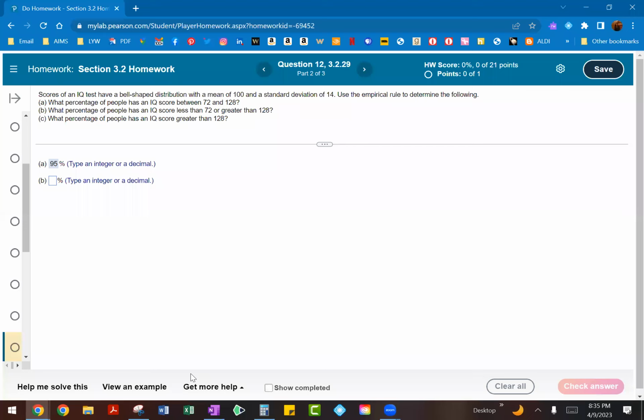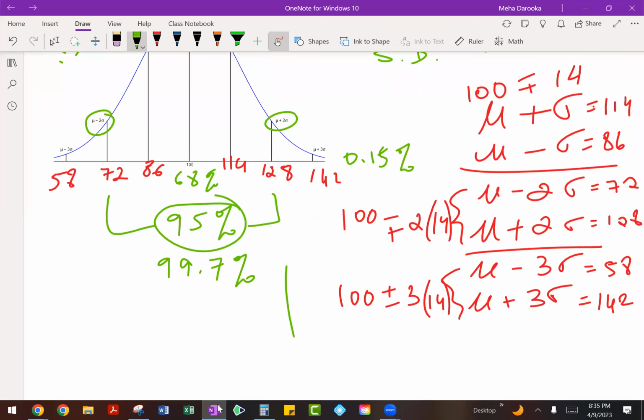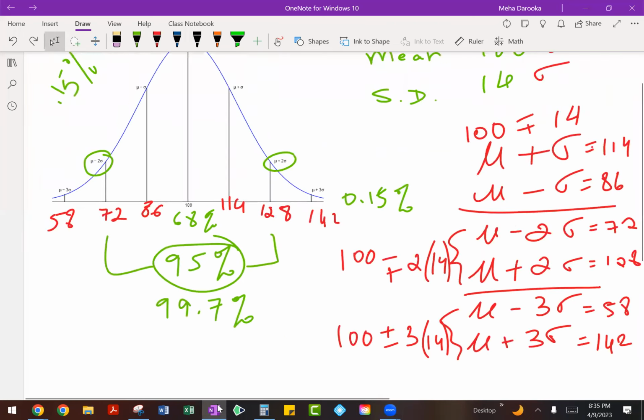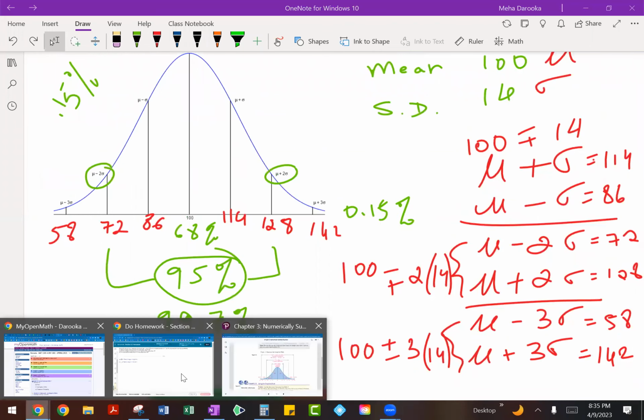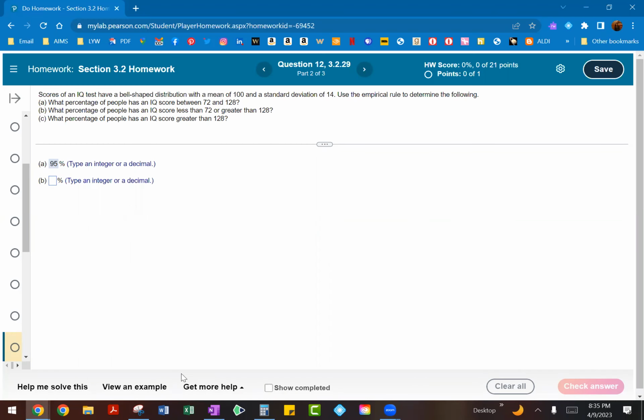All right, now they are talking about what percentage of people have an IQ score which is less than 72 or greater than 128. So let's come back to our bell curve over here. So they are talking about less than 72 and greater than 128. Again, I'll show you that. Less than 72, greater than 128.